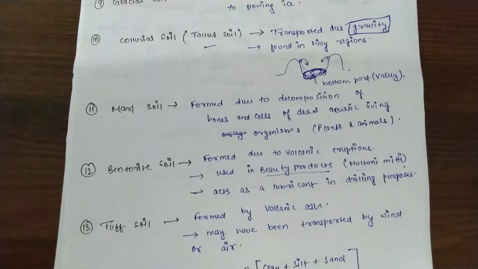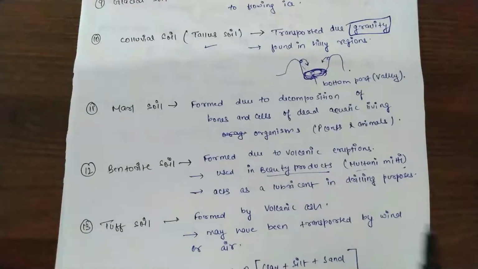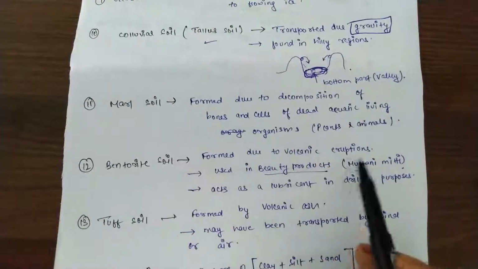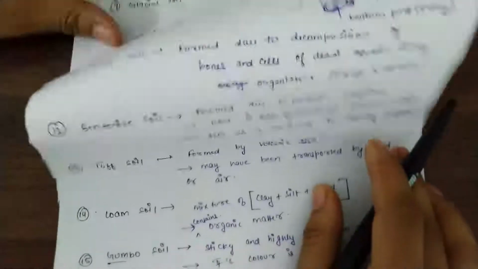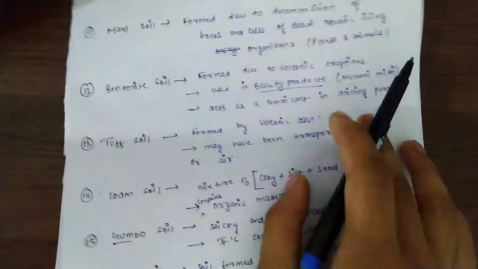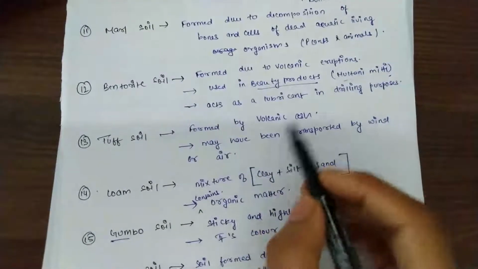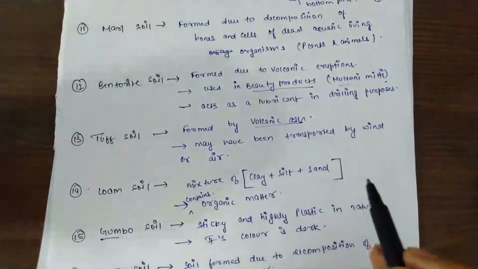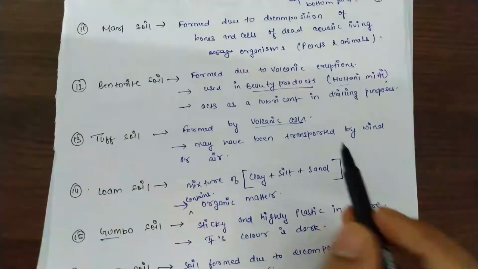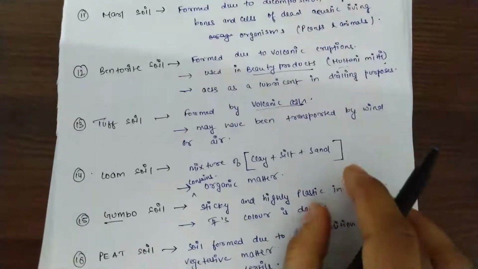It is formed due to volcanic eruptions. Then there is tuff soil. It is formed by volcanic ash, and this is also a transported soil, maybe transported by wind or air.